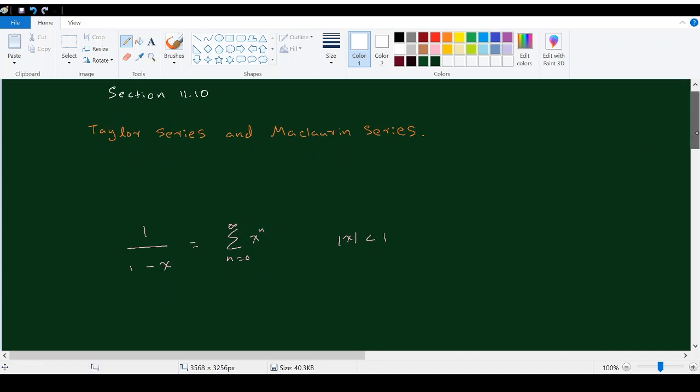So we did all those things with the basis of this fundamental equation.